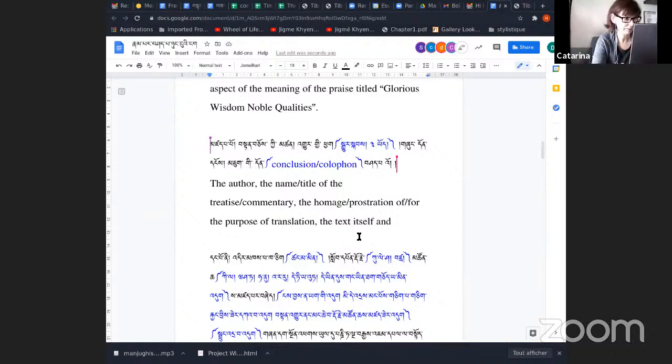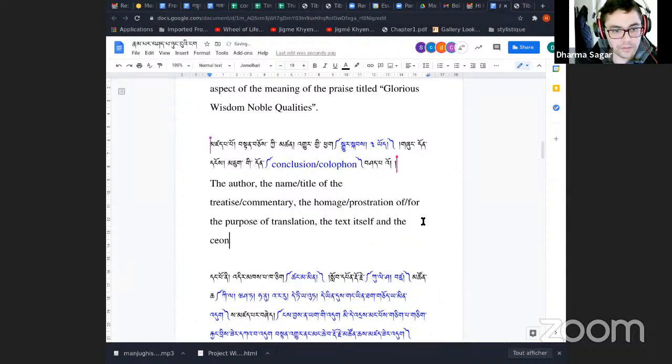But here it just says Shungden, the meaning of the treatise, of the text. The homage, prostration for the purpose of translation. I'm going to come back to it in the commentary.